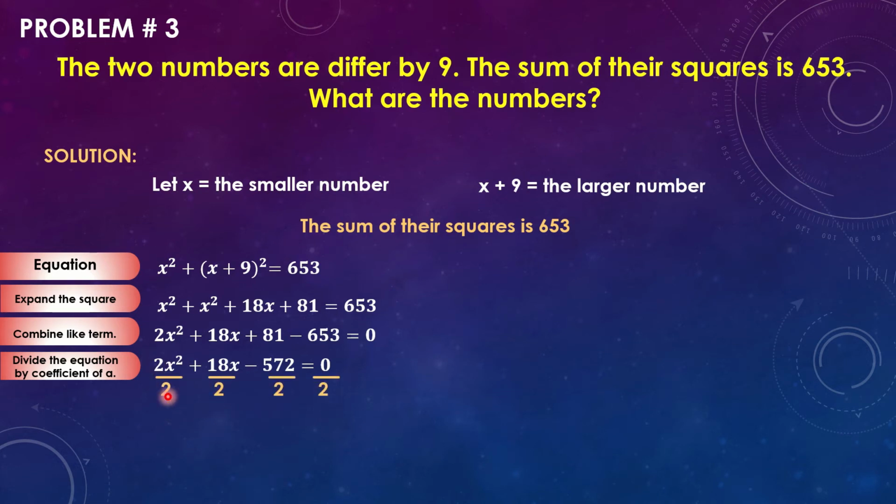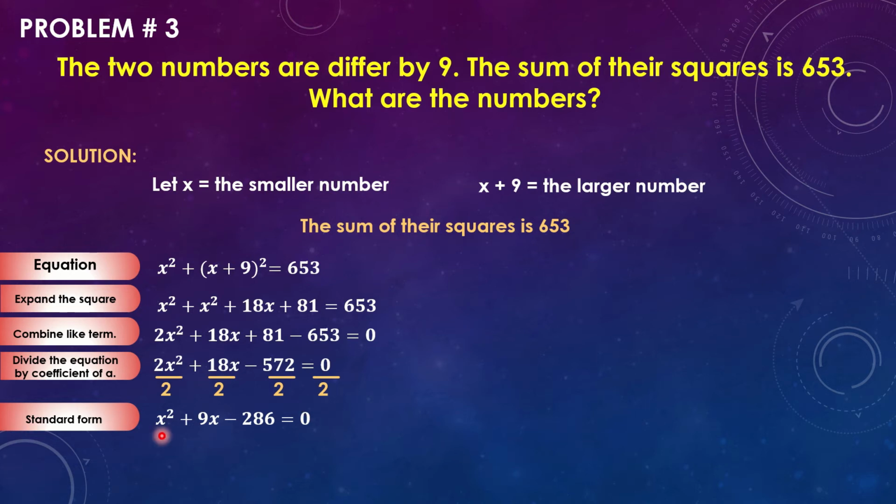So 2 divided by 2 is equal to 1, so we only have x squared alone. 18 divided by 2, 572 divided by 2, and 0 divided by 2. It will give us our standard form: x squared plus 9x minus 286 is equal to 0.